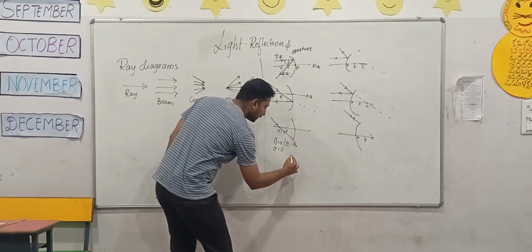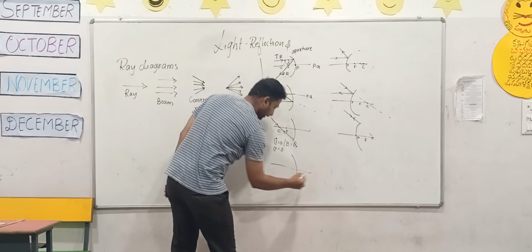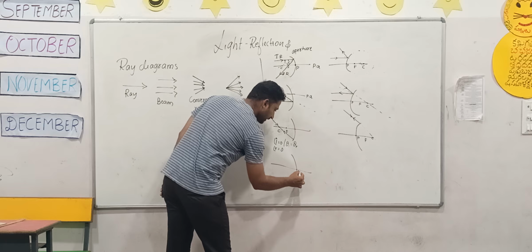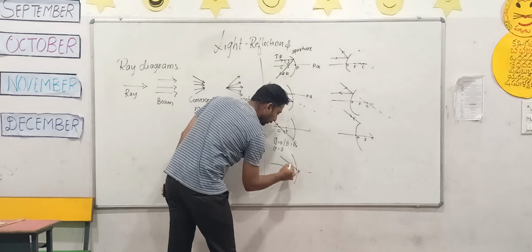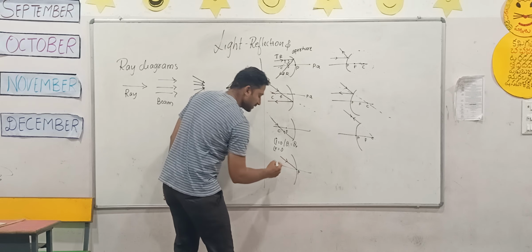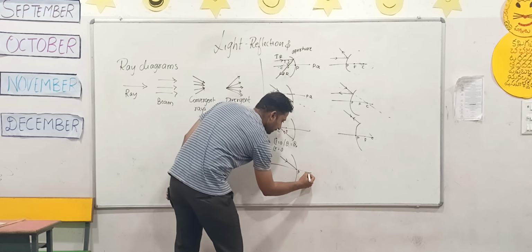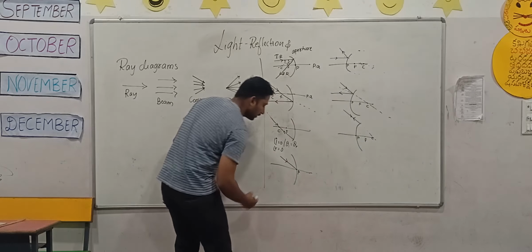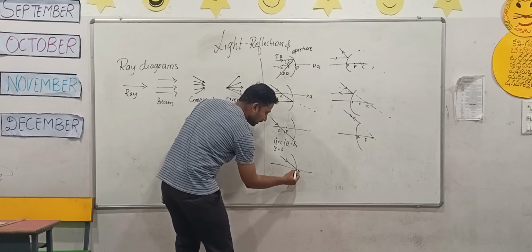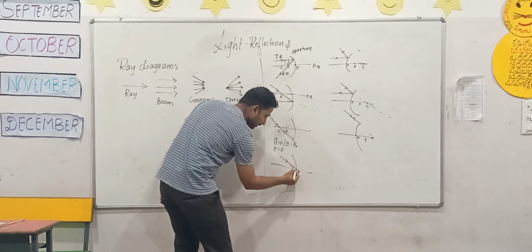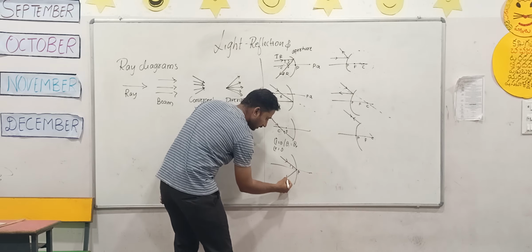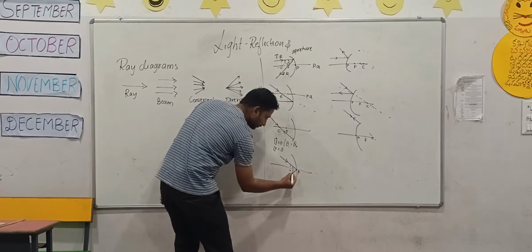If we take a last ray, if it is incident inclined to the point P, in this case the normal line will pass through the principal axis, and it reflects with the same angle, it goes like this.